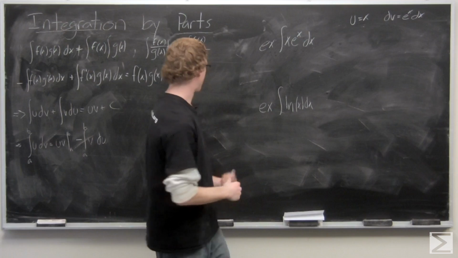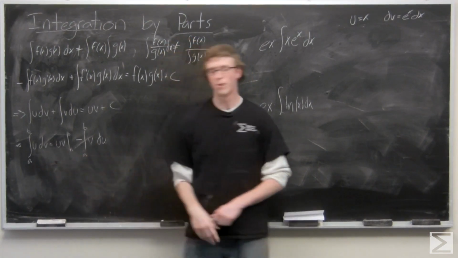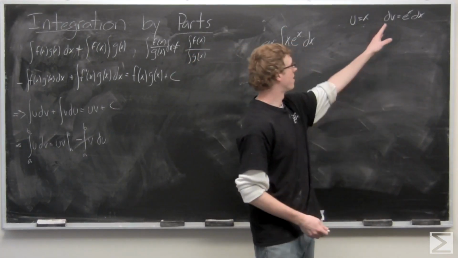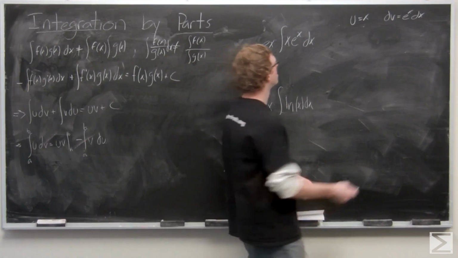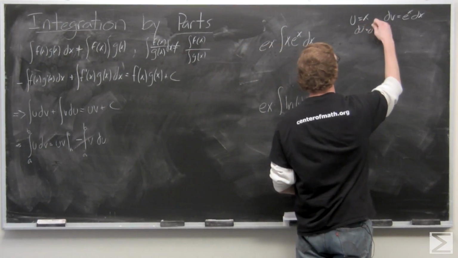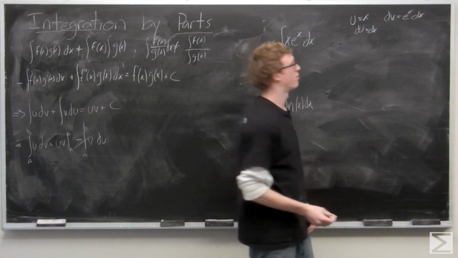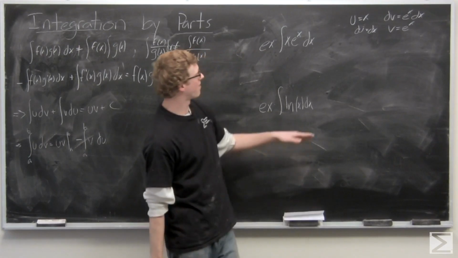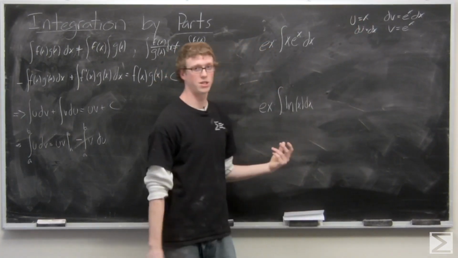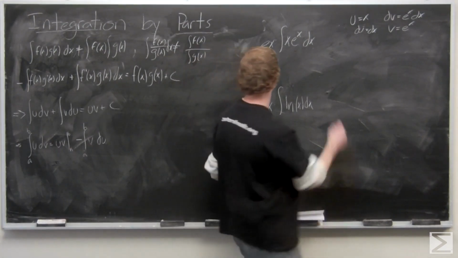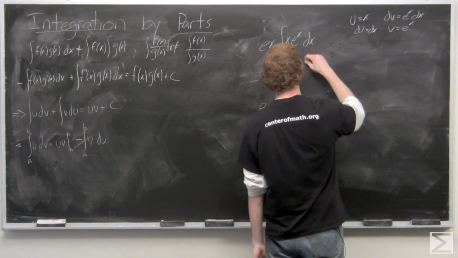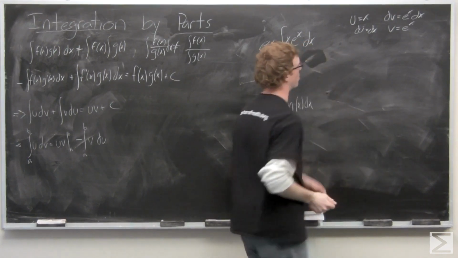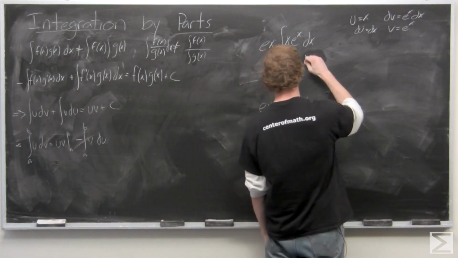Now what we need to do to get the other side of the integration by parts formula is to differentiate u and to take the antiderivative of dv. As I mentioned before, v equals e to the x. So now we have our u dv, and we just need to set up the other side of the equation. u times v is just going to be x e to the x.